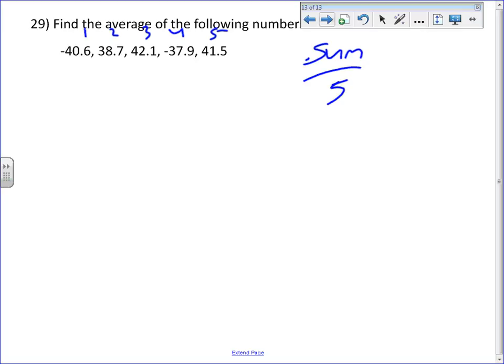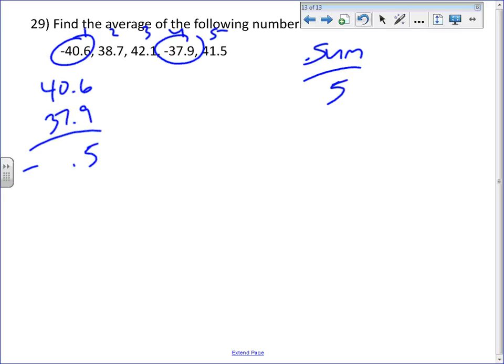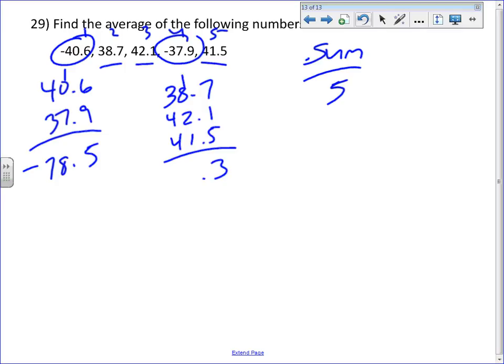I can go step by step, negative 40.6 plus 38.7, find the answer, then do that plus 42.1. Or I can split them up. Let's do the negatives first. 40.6, 37.9, my answer was negative 78.5. Then we have the positives, 38.7, 42.1, and 5, and you have 122.3.